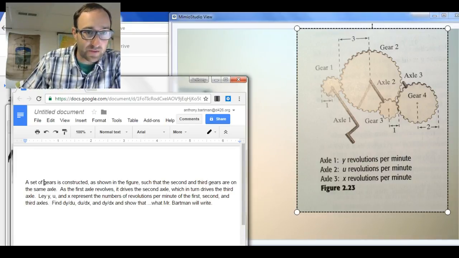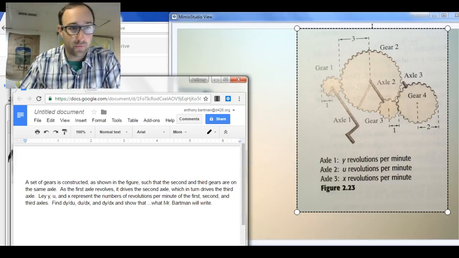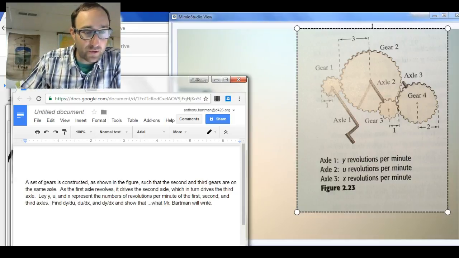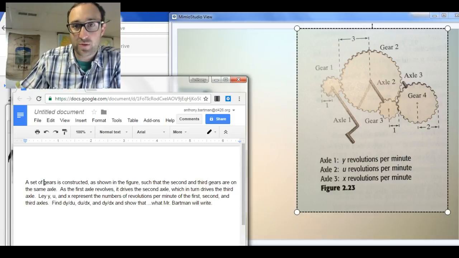It drives the second axle, which is over here. This one goes this way, this one goes the other way as the gears interlock. Which in turn drives the third axle, because gear 1 goes to gear 2. Gear 2 is the same as gear 3 on the same axle, and gear 3 drives gear 4.